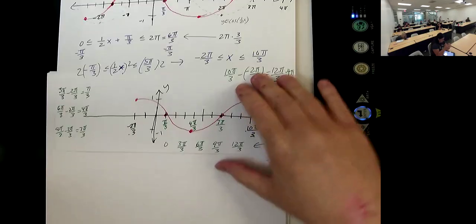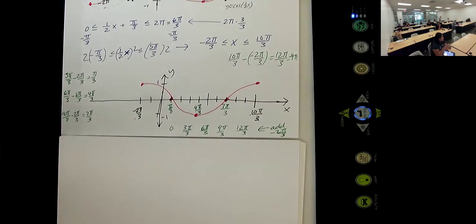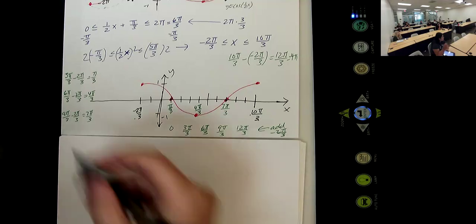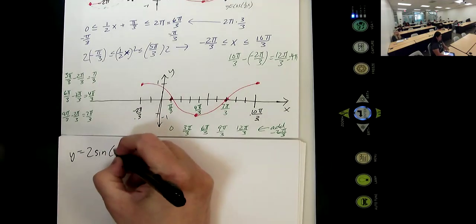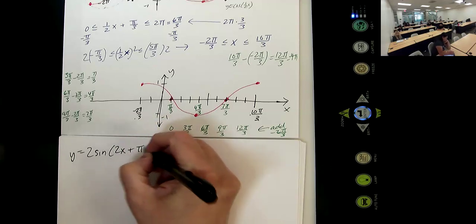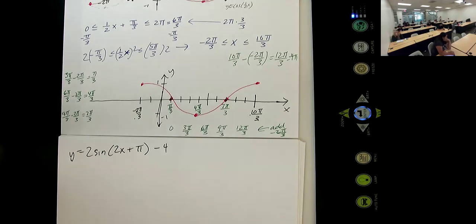Okay, let's add some more to it. Let's do y equals 2 sine of 2x plus pi minus 4. Full package, everything's in it.